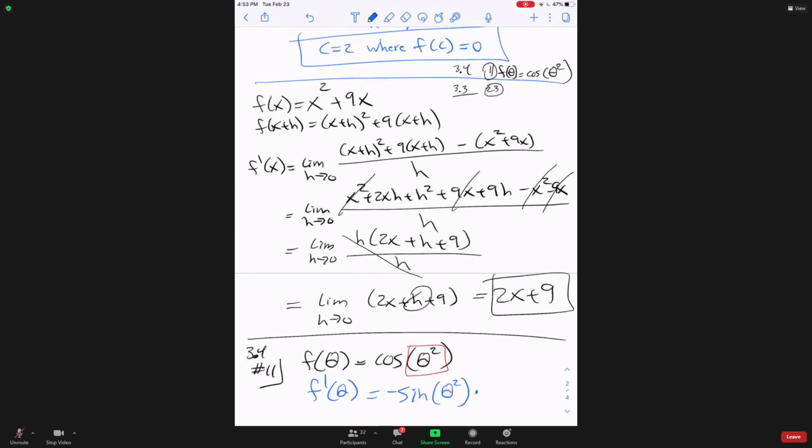Now come back and say times, that's just the chain rule part now. What's the derivative of u? What's the derivative of theta squared? Just theta? 2 theta, right? Like the derivative of x squared is 2x. Theta is playing the role of x. Just don't let that throw you off. Derivative of x squared is 2x, so theta squared is 2 theta. Does that make sense?